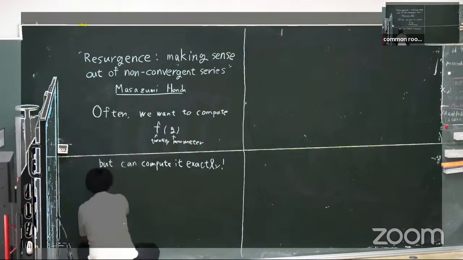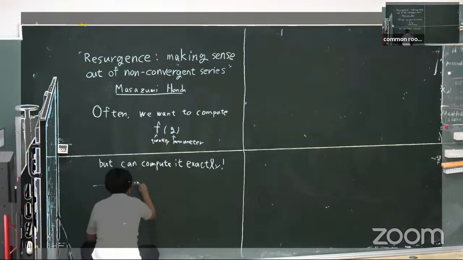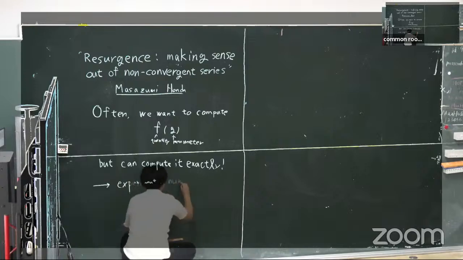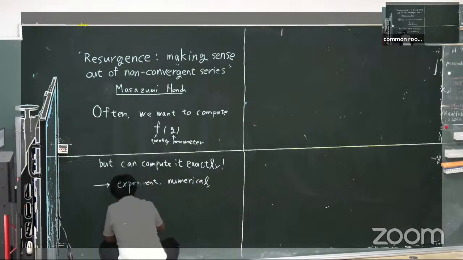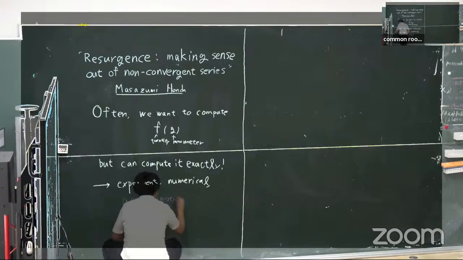One is to ask experimenters to do an experiment and measure that quantity, but I cannot do that. Another choice is to do some numerical simulation to directly compute this. Another approach is, of course, some approximation. Here, let us consider this possibility.